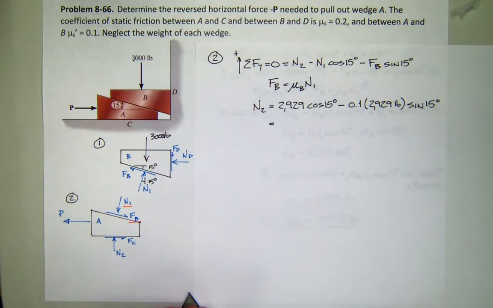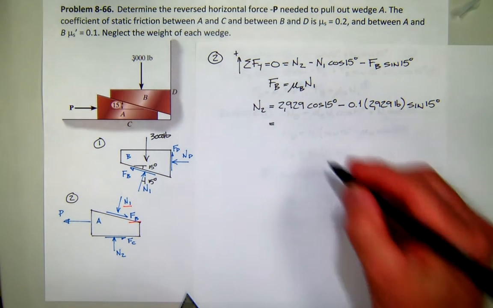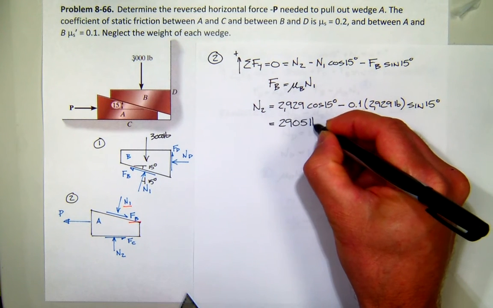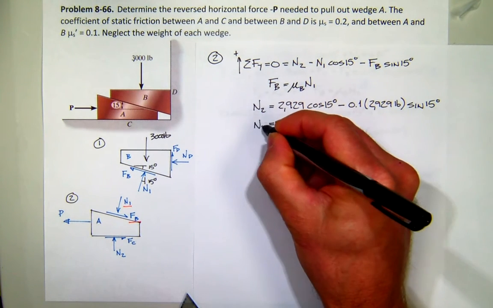So whatever that is, 2,905. And that's pounds. So that's N2.